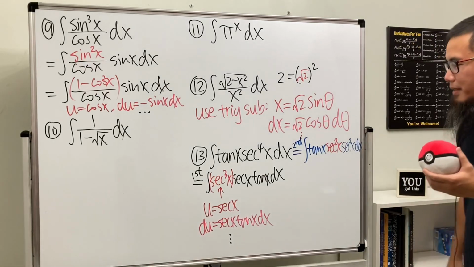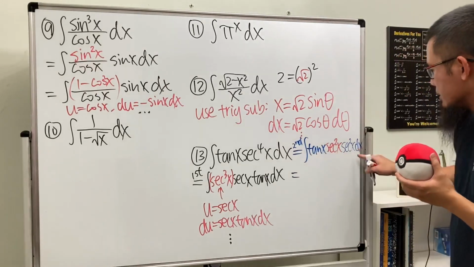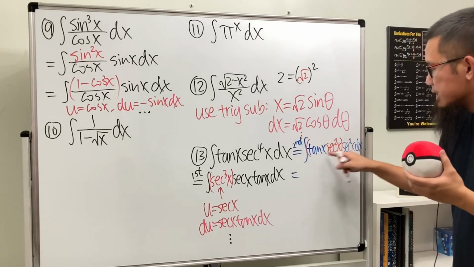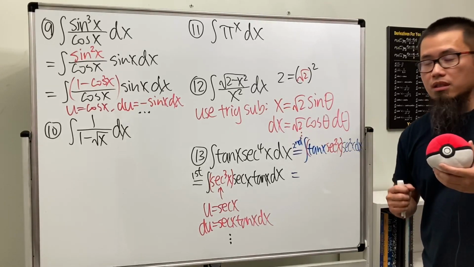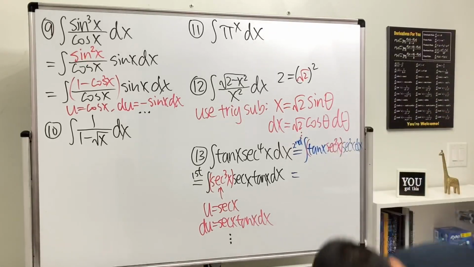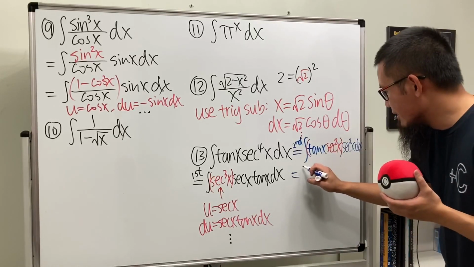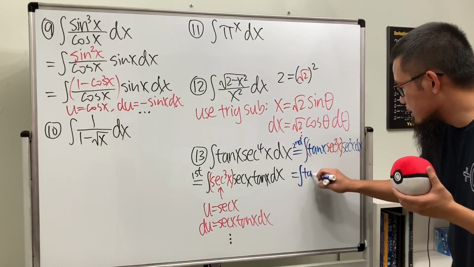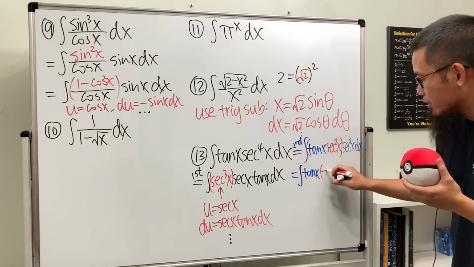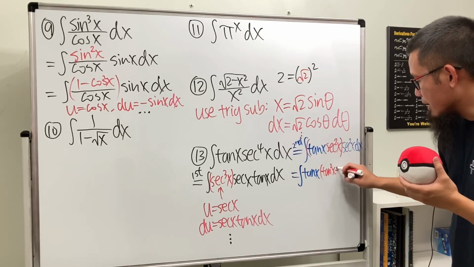Right? Sorry about this. But you see that when we have secant square x, we wish to have this part in terms of tangent. And this is doable because we can use the identity. Check this out. I'm just going to have the integral, and here we have tangent x, and this right here is just nicely equal to tangent square x plus 1.